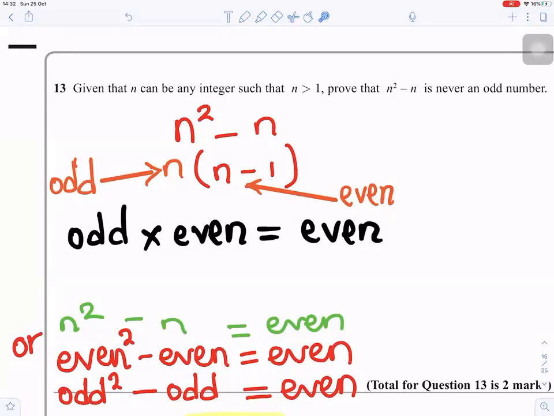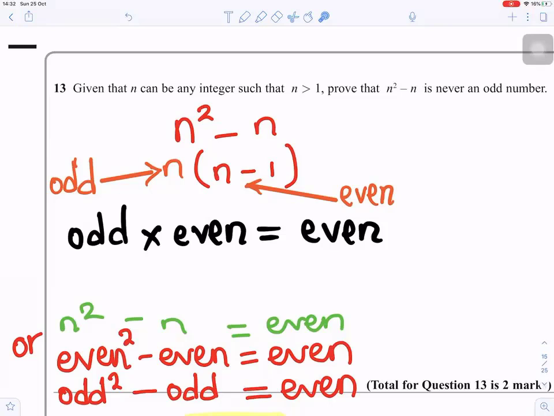Question number 13. Given that n can be any integer such that n is bigger than 1, prove that n squared minus n is never an odd number. N squared minus n, if you factorize, n bracket n minus 1.